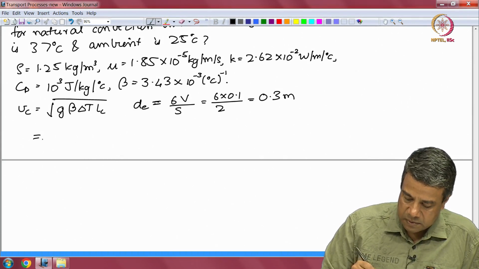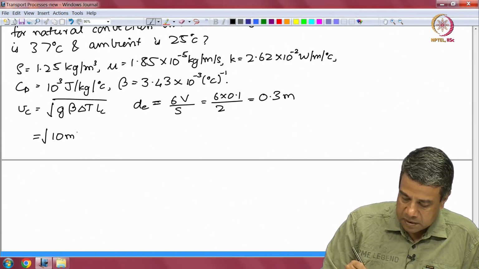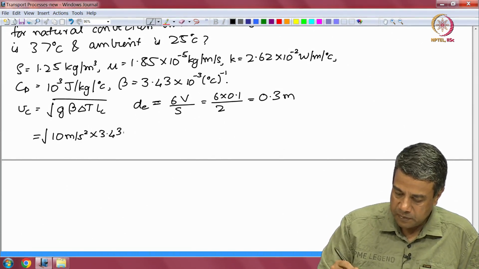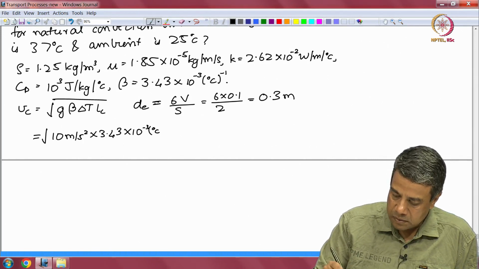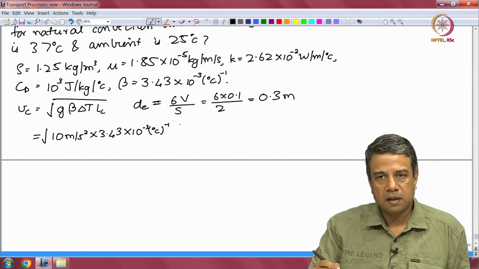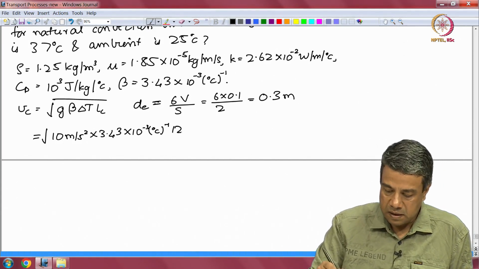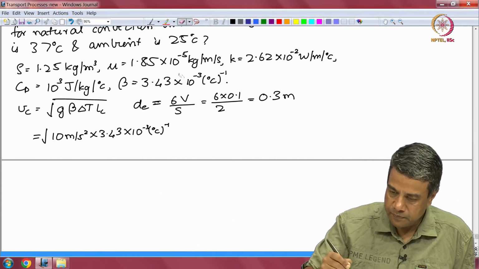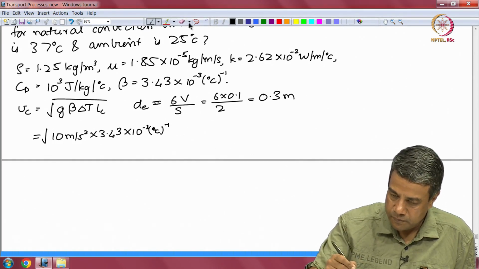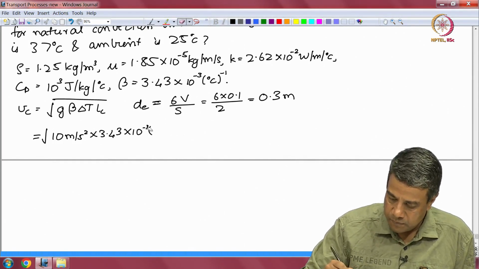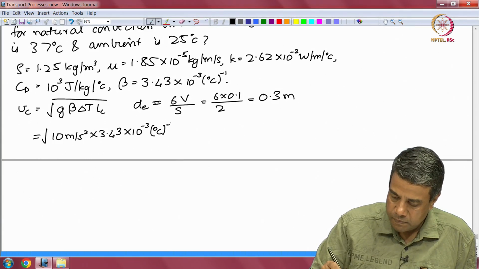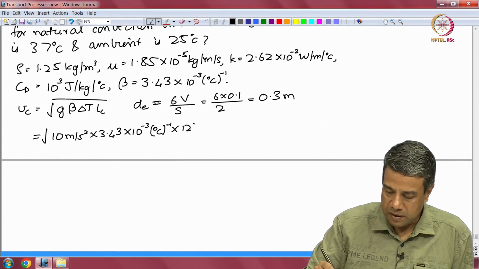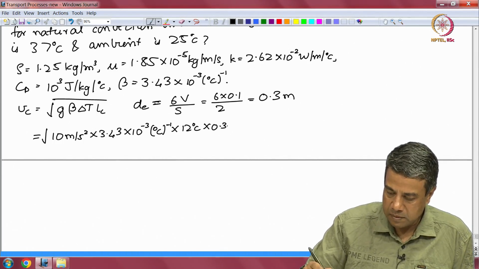Therefore, Vc will be equal to the square root of 10 meters per second square into 3.43 into 10 power minus 3 per degree centigrade into delta T, 37 degrees minus 25 degrees, which is 12 degrees centigrade, into 0.3 meters.